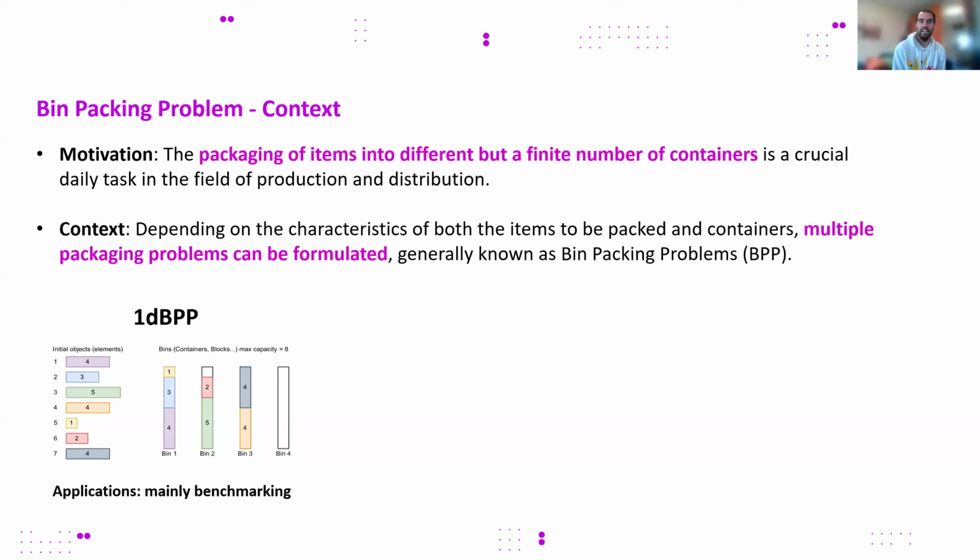The context about this problem is that depending on the characteristics of both the items or the containers, we have different kinds of bin packing problems. The problem is generally known as the bin packing problem. For example, the one-dimensional bin packing problem is when both items and containers are described using just one dimension.